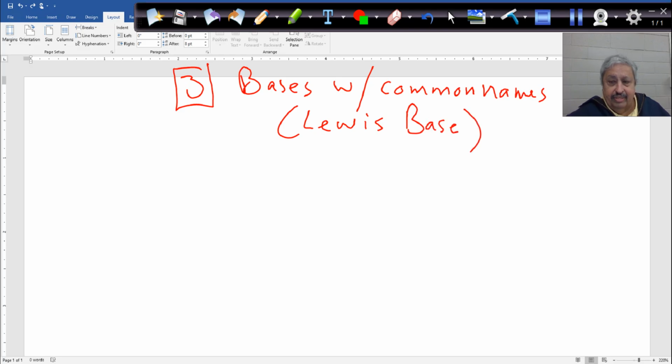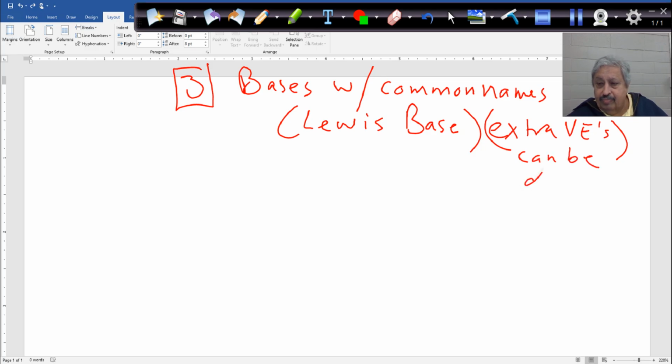Now they have extra what? They have extra VEs, extra valence electrons, so they can donate them. Extra that can be donated. That's Lewis donation of this extra. So those VEs can be donated.